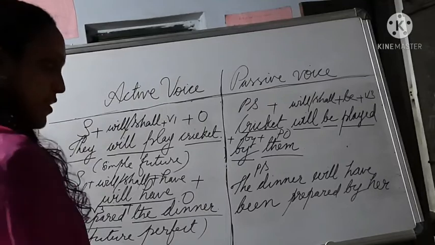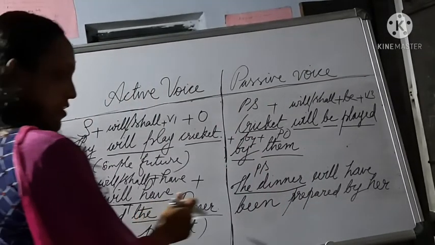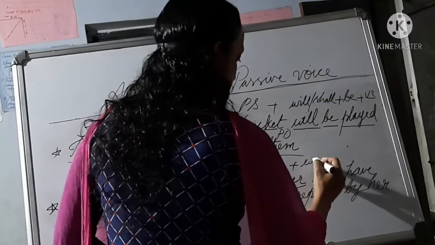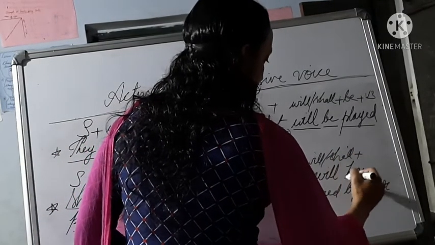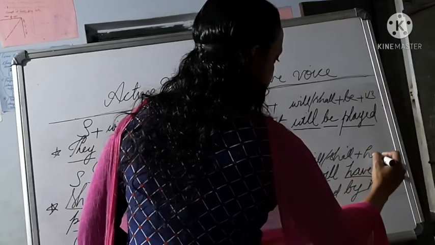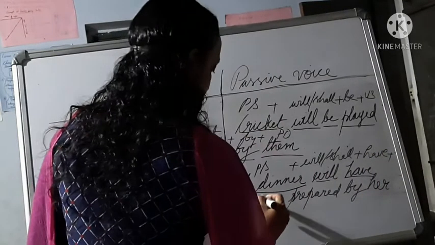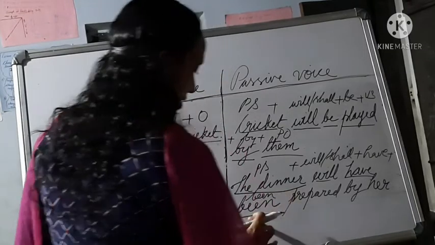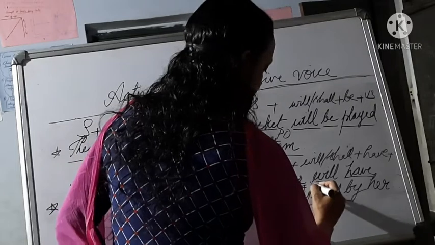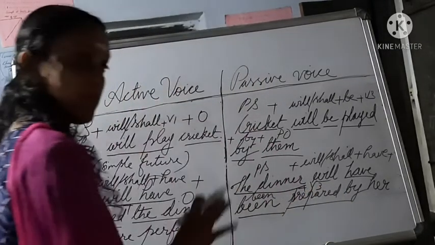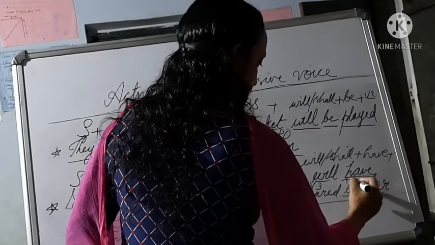So the rule is passive subject, that is the object of active voice, plus will or shall plus have plus the special word being in all perfect tenses. In all perfect tenses you have to use being plus V3 also. In all passive voice you have to use V3 form plus by also.